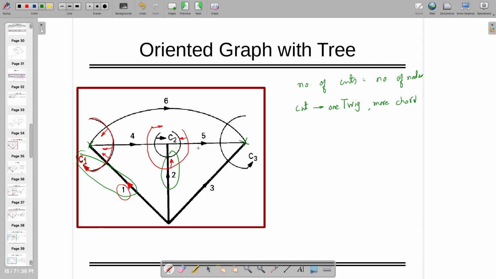I already told that the number of nodes is the one excluding the one which has 0 volt, right? I'm saying if there is not a zero potential node in the circuit, then also the number of cuts will be the total number of nodes minus one.